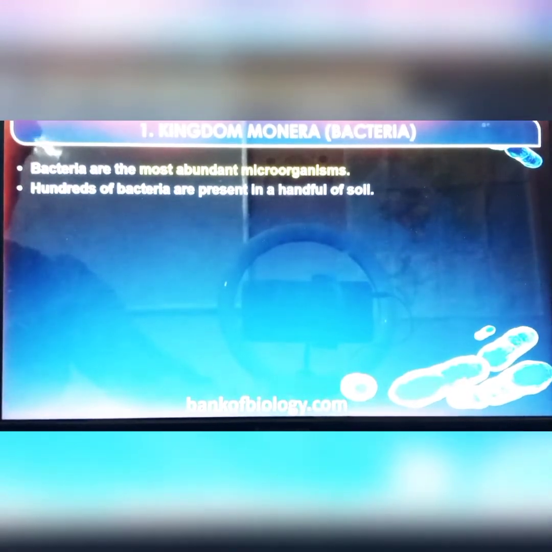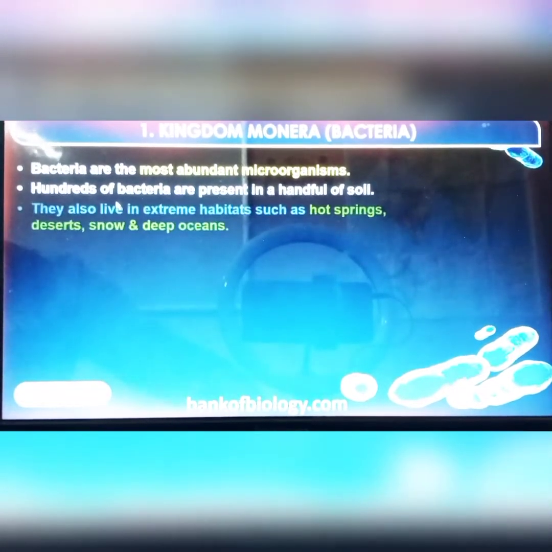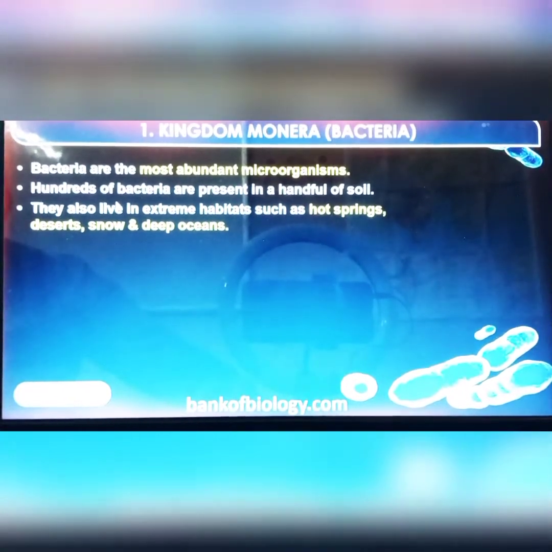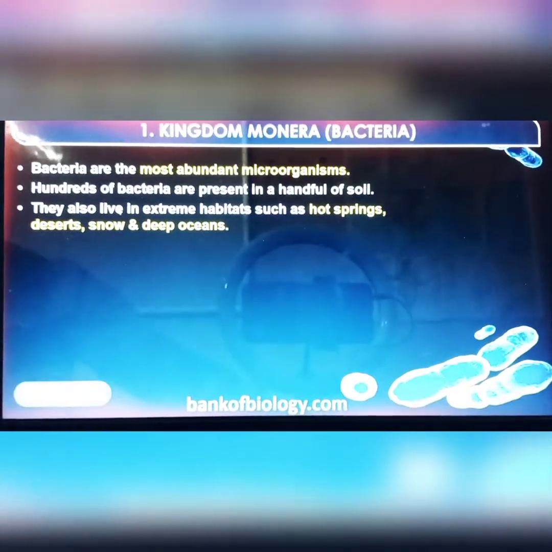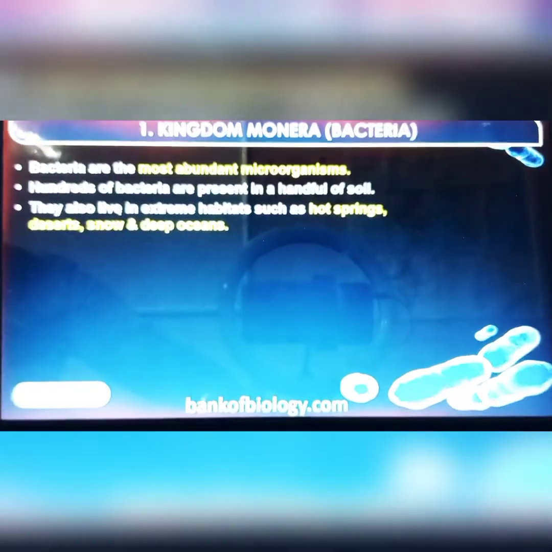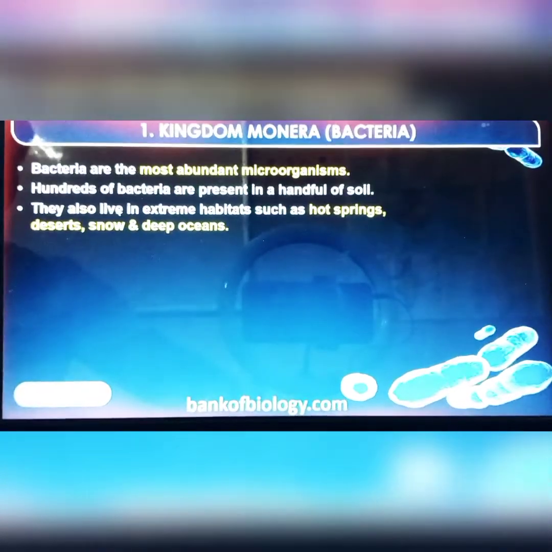If we take one fist of soil, hundreds of bacteria are present in it. They can live in extreme habitats such as hot springs, deserts, snow and deep oceans. It means they can tolerate harsh conditions which we cannot imagine.